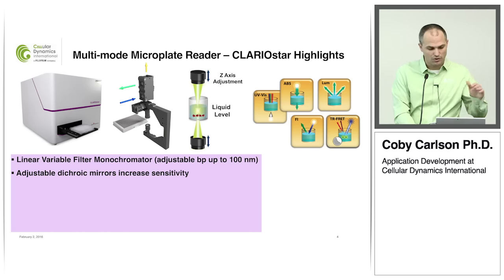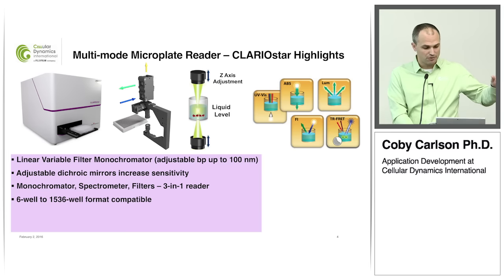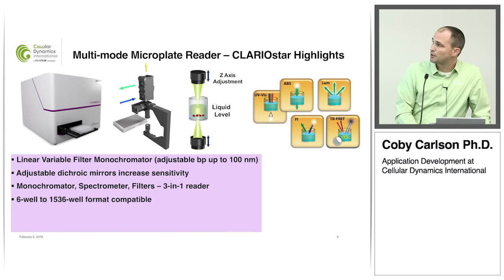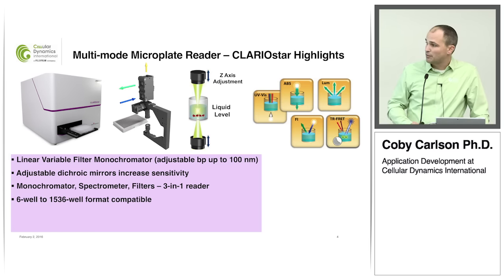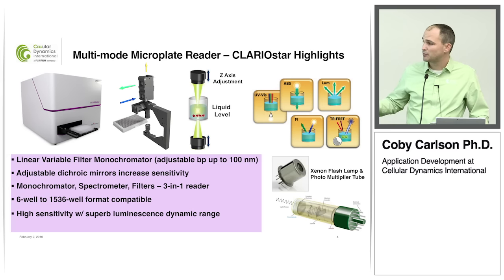Beyond monochromator-based experiments, there's spectrophotometry, luminescence, and endpoint TRF, all multi-mode in one, with multiple well types down to 1536. It's got a dedicated xenon flash lamp and a great PMT, which offers a highly sensitive readout.